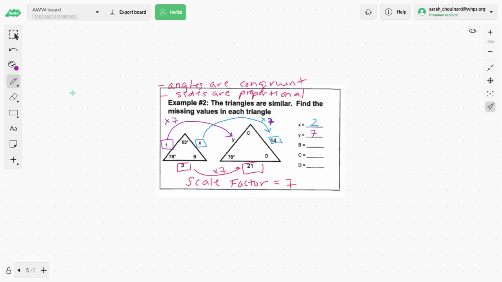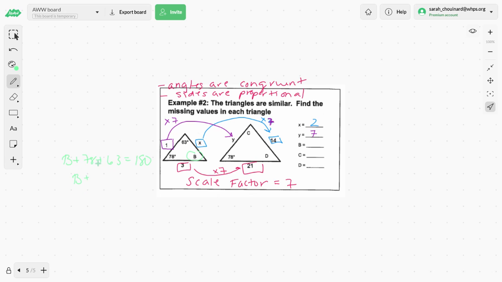Now for the angles, I know all of the angles are going to be congruent. So let's first start in the triangle here, finding b. To find b, I'm going to do b plus 78 plus 63 equals 180. I'm just going to do triangle sum theorem to find it.